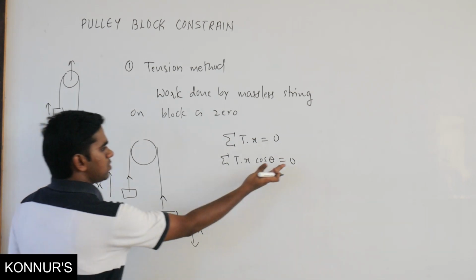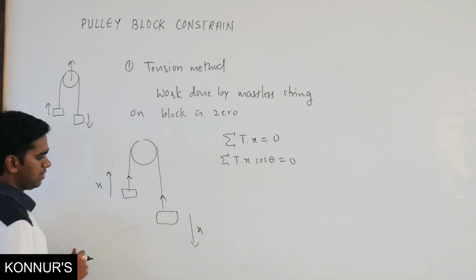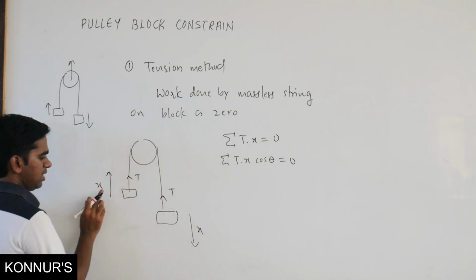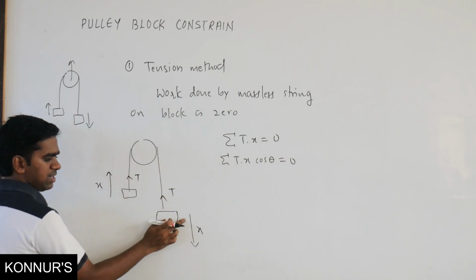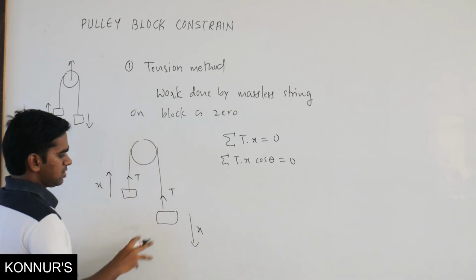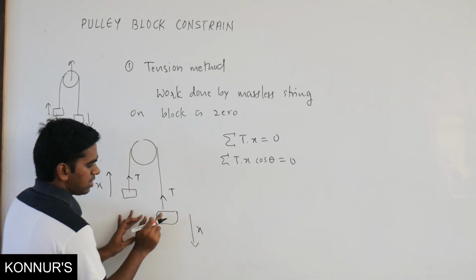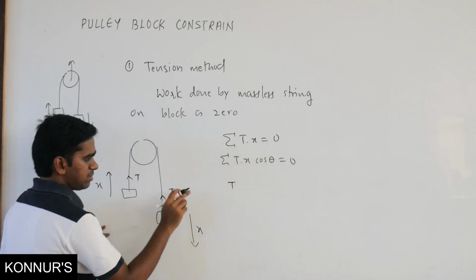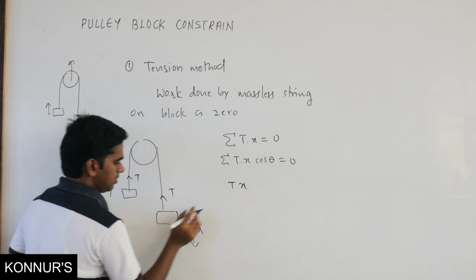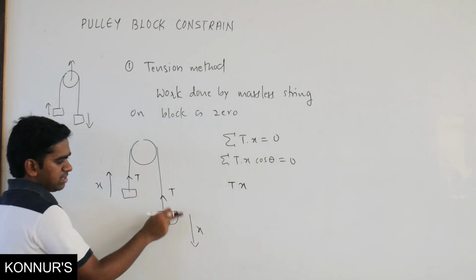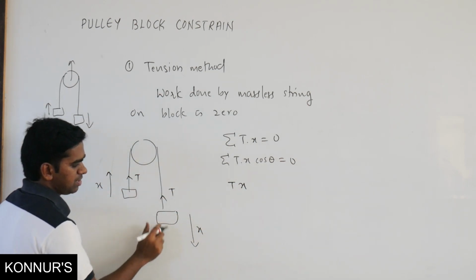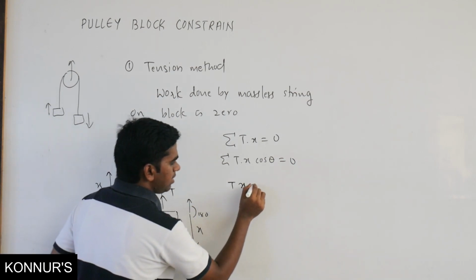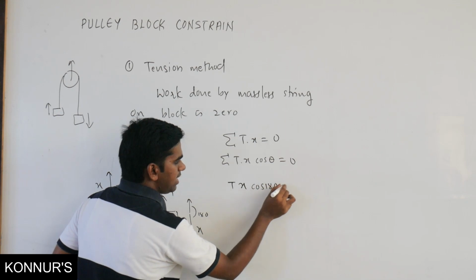Whether it is right or wrong, we can see from here. Tension direction here is upward, and here also tension is upward. Here the displacement is also upward, but here the displacement is downward. If you apply work done here: the force is T, the displacement is x, and the angle between force and displacement is 180. So we write Tx cos 180.